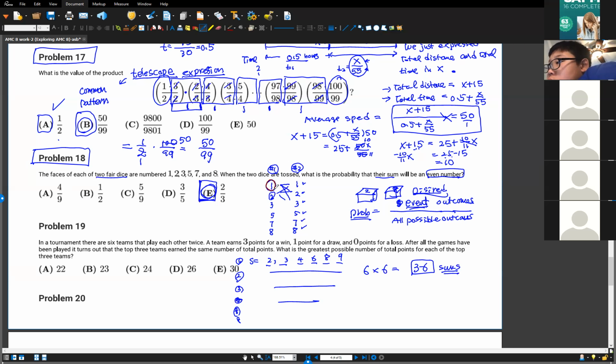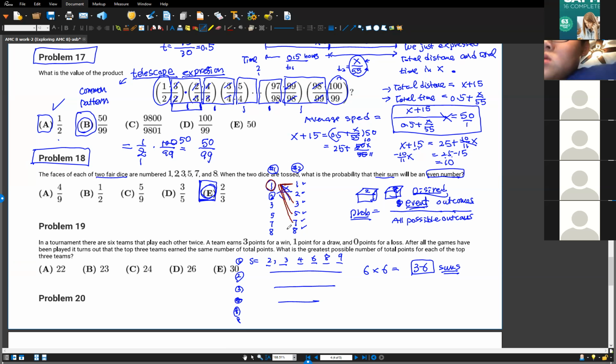First, the number 1. Which numbers give us an even sum? 1 plus 1 is even? Yes. 1 plus 2 is 3, is it even? No way. 1 plus 3 is 4, even. 1 plus 5 is 6, even. 1 plus 7 is even?